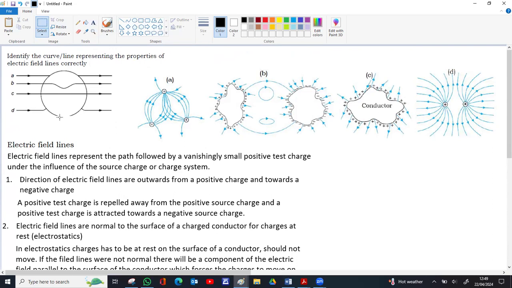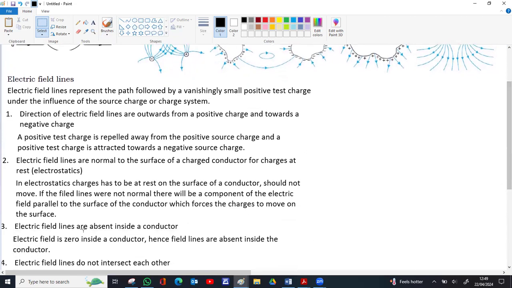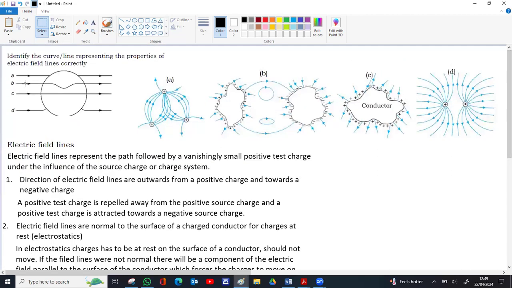This is a conductor, so it's not mentioned, but it's a conductor as per the question. So field lines B and C are not possible because they are showing electric field lines inside a conductor. We know electric field lines are absent inside a conductor. Since electric field lines are absent inside a conductor, out of A, B, C, D, B and C are not correct.